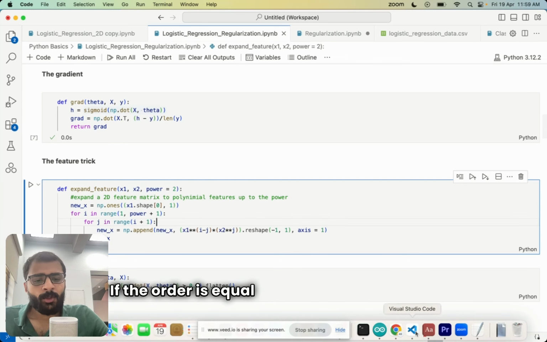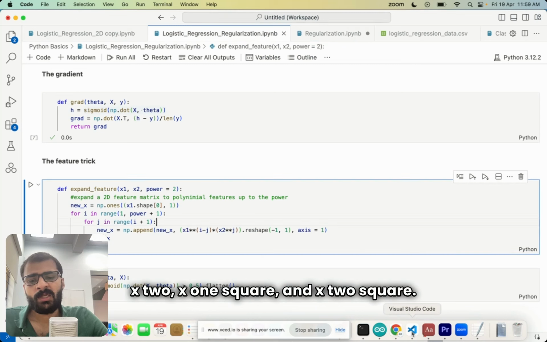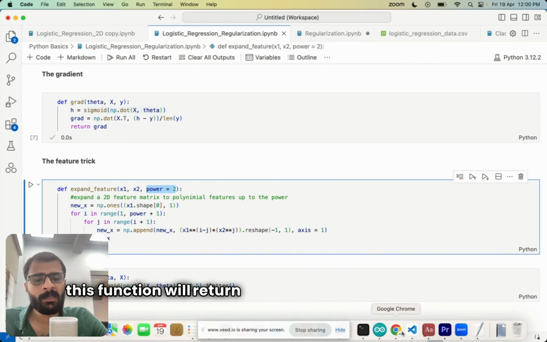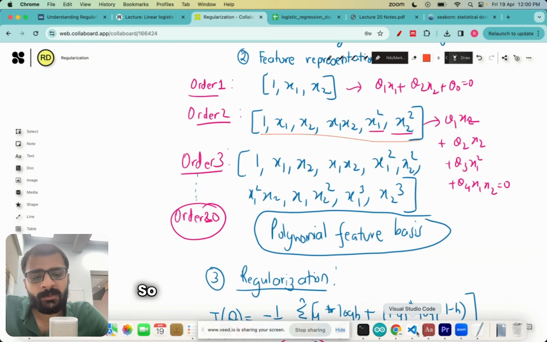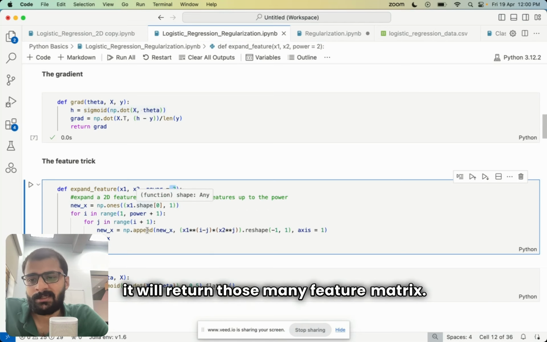If the order is equal to 2, this function will return six terms, 1, x1, x2, x1 x2, x1 square and x2 square. If the order is 3, or if the power is 3, this function will return 9 terms, as I've written here. So this function is written such that we can specify any power here, and it will return that many features.